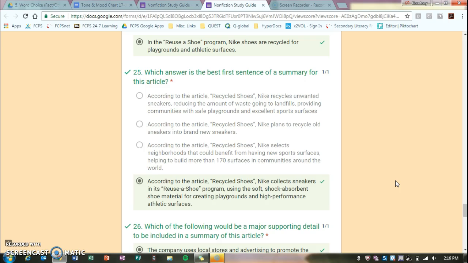Which of the following is the best first sentence of a summary? Thinking back to summary, you need to have the title, the author, and the main idea. In this case, it has the title and the main idea. We don't know the author for this, so that would not apply.